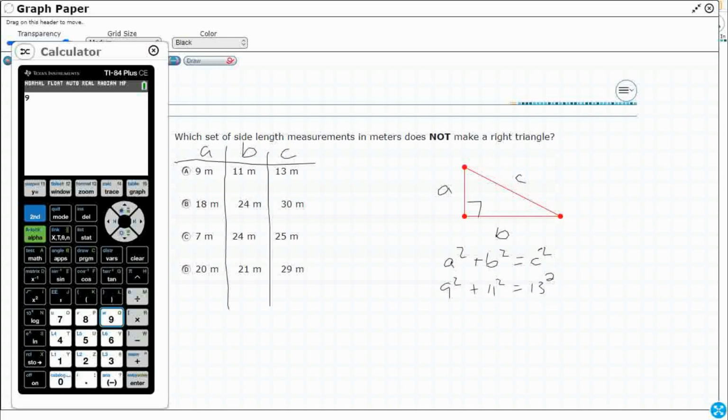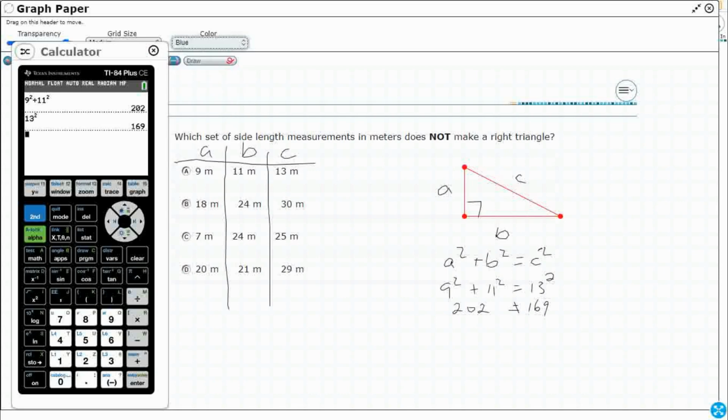Let's see, 9 squared plus 11 squared, that's 202. And then I need 13 squared, 169. Interesting. So it could be this very first one, because those two definitely do not equal. I'm thinking it could be A, but let's verify the rest of them.